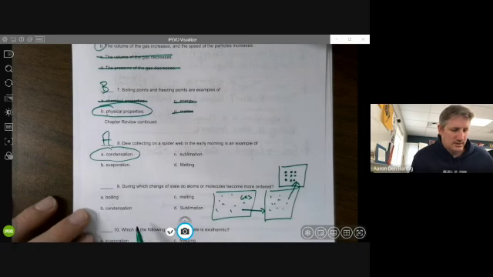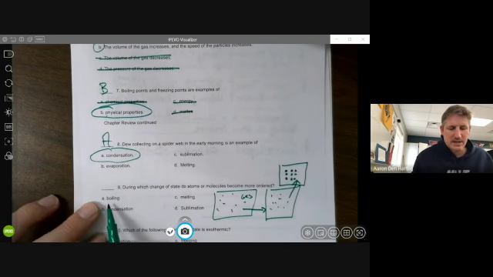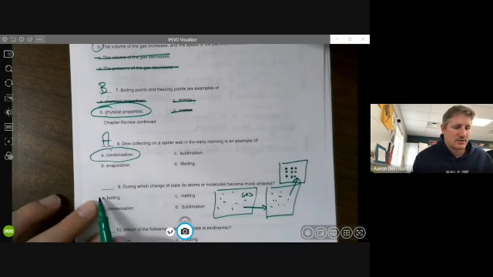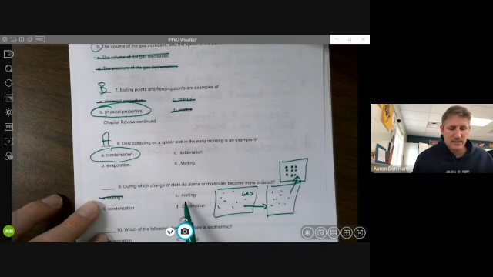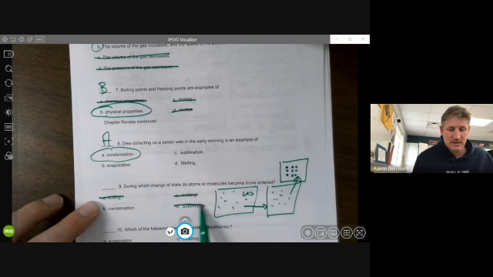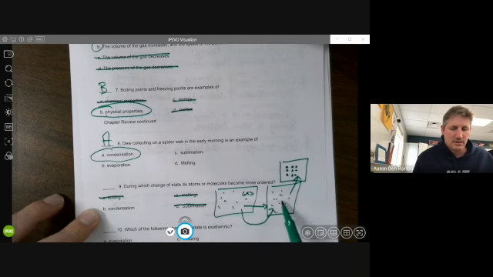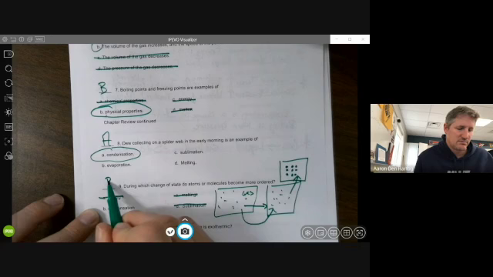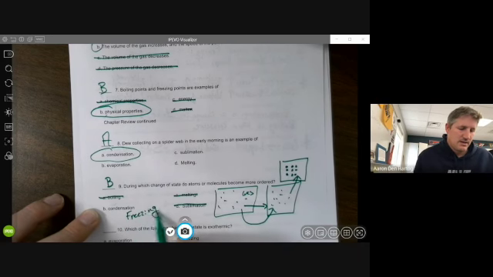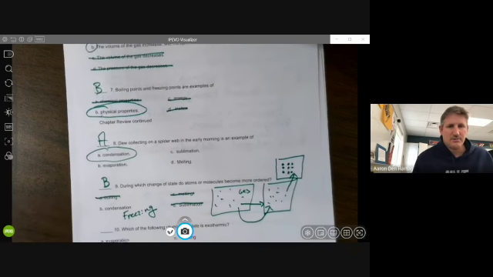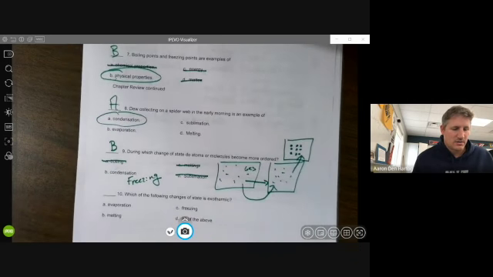So if we take a look at these, boiling, are we adding energy or taking it away? We're adding energy, so that wouldn't be it. Melting, we're adding. Sublimation, we're adding, going from a solid to a gas. Condensation, the only thing we're doing there is taking away energy. We go from a gas to a liquid, bringing the particles closer together. So that's our answer. Now if this said freezing, that would also be an example of where our molecules become more ordered.